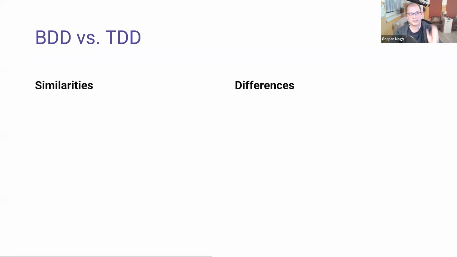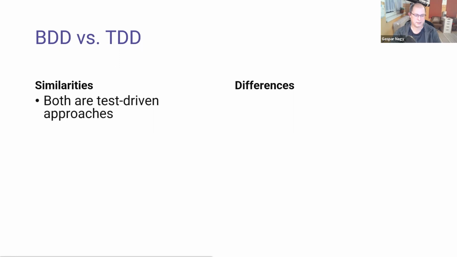And I would like to do this comparison similarly to the others, listing some similarities and differences, and maybe from that we will see some good outcome. So one of the key similarities is that both are related to a test-driven approach. So they are both test-driven approaches. Test-driven development and test-driven approach is not the same thing.